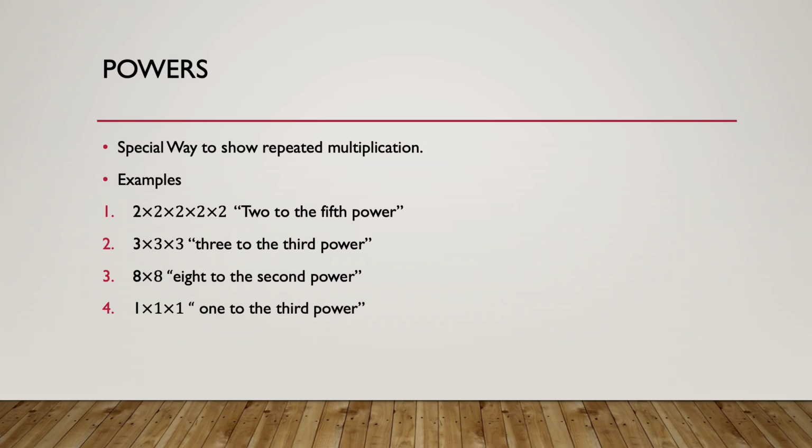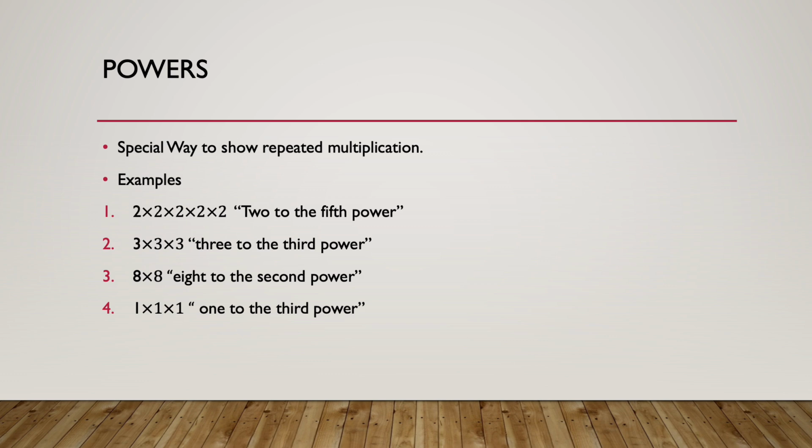Now I'm going to explain each one. What is the meaning of this explanation? Maybe somebody may be getting confused. What is this number 2? What is this fifth power? Now I'm going to explain the first one, 2 to the fifth power.